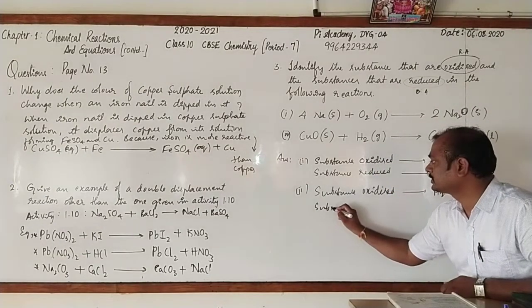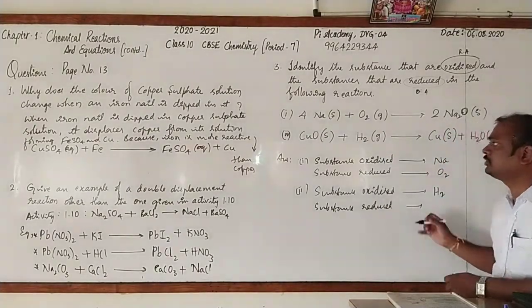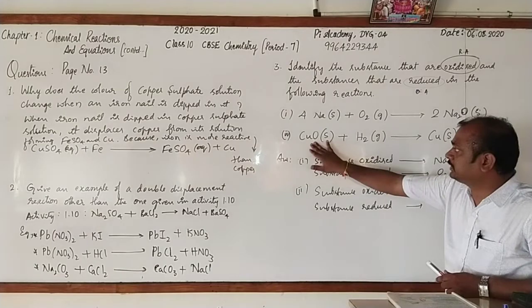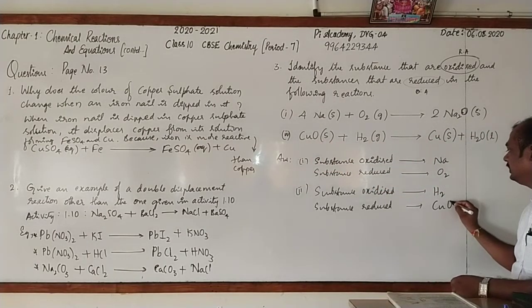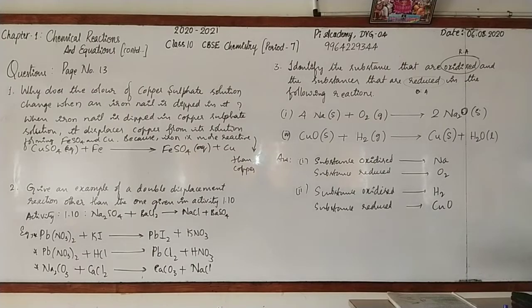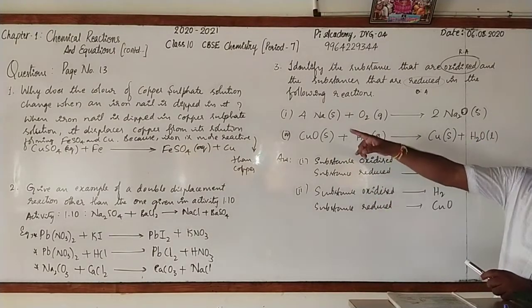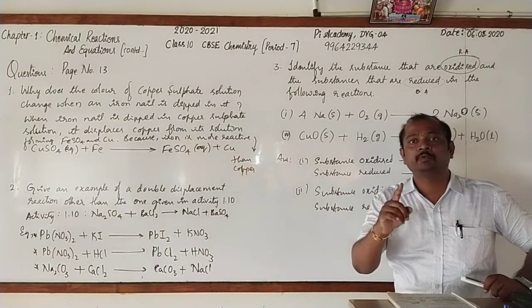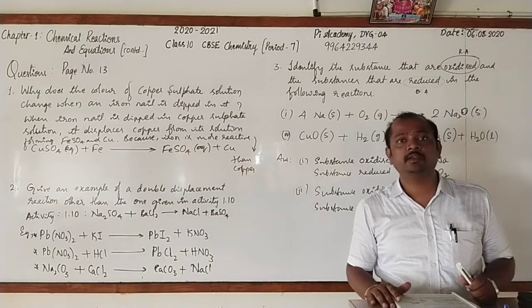And what is the substance reduced? Copper oxide gets reduced to copper. Hence, we can write CuO. Clear? Yes. Now, please copy from there to here. After that, we will go for answering the questions given in the exercise.